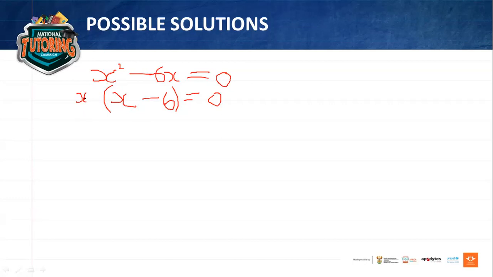From there, if these are multiplied, they give us 0. It then means either this one, which is x, is equal to 0, or the other one is equal to 0. If it's equal to 0, we move the 6 to the other side.